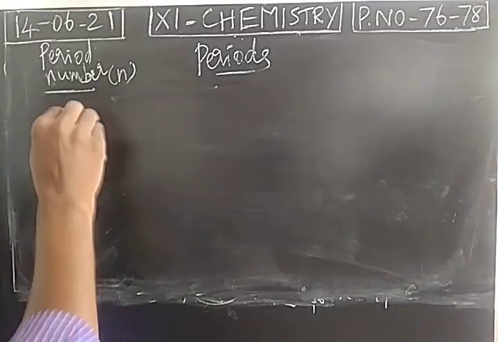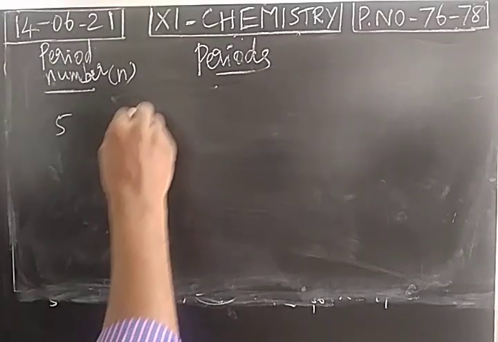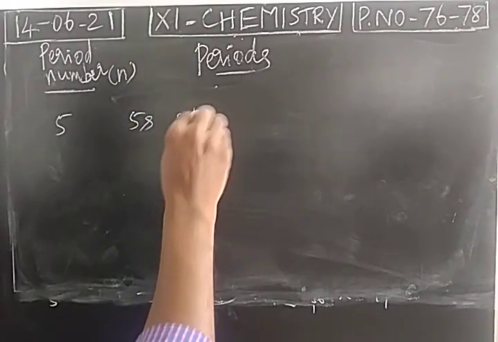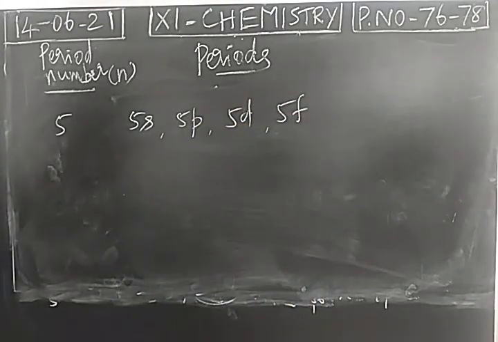Then period number 5. So the available orbitals as per a general concept of 5s, 5p, 5d, 5f. So these are all the orbitals present in the fifth shell.